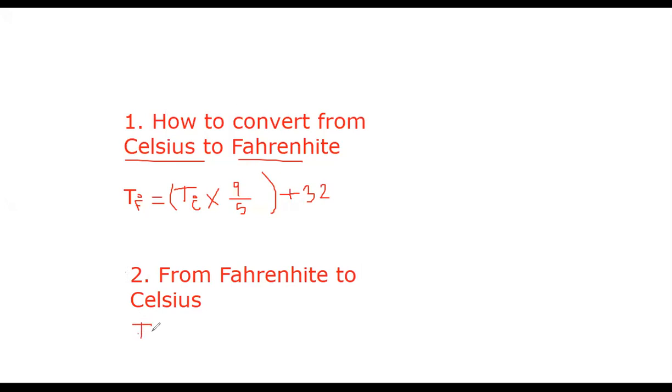Temperature in Celsius, TC, equals temperature in Fahrenheit minus 32, and we multiply the result by 5 over 9. Get it? Inshallah, tomorrow we will continue.